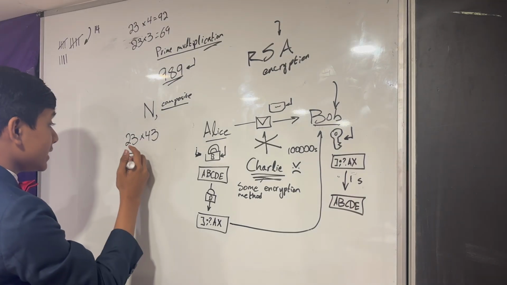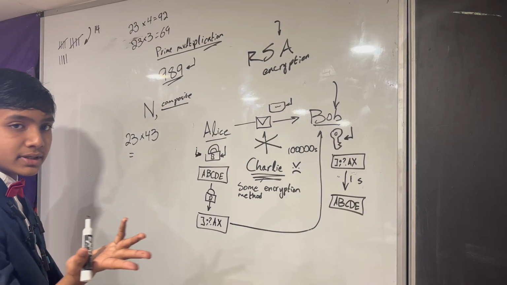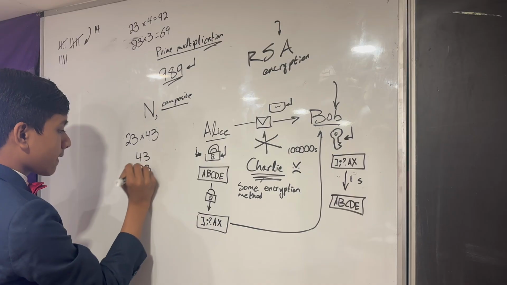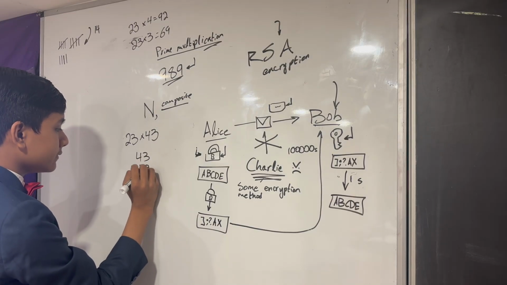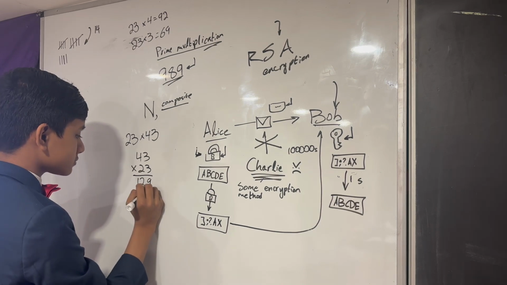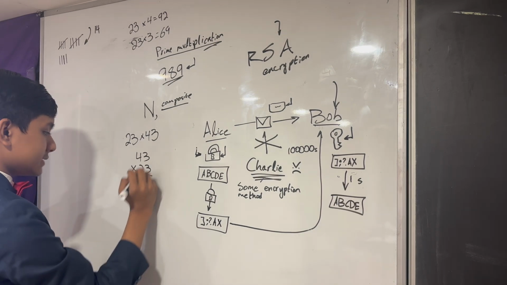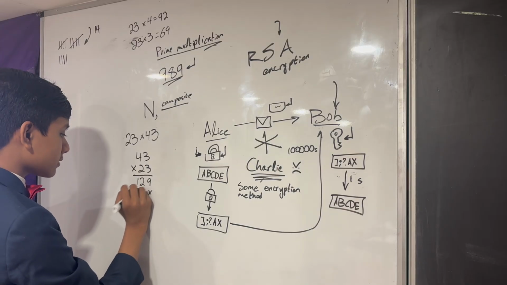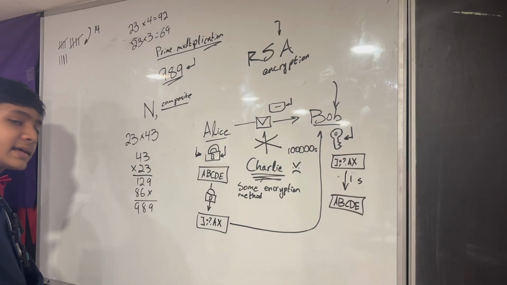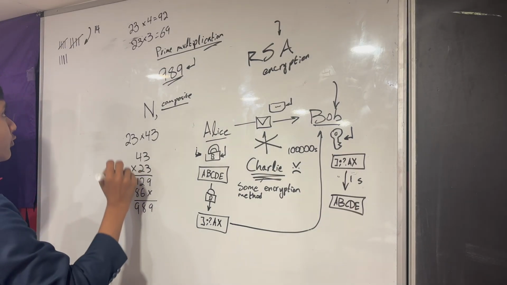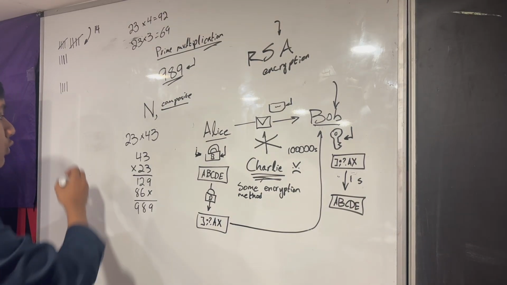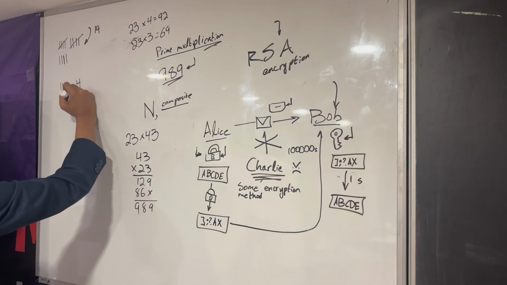23 times 43 is equal to, well, we counted multiplications as one step the whole time. But I mean, this is 9. This is 12. Wait, can I do that? Yeah. This is 6. This is 8. And I guess if you're pedantic, you could say there were 4 multiplications. So, overall, it took 4 steps.